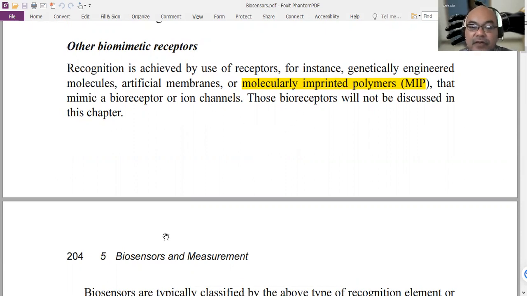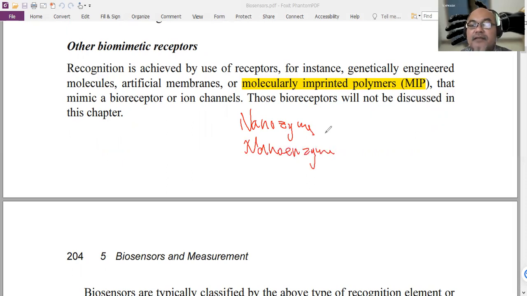So maybe you can Google nanozyme or nanoenzyme. This is made using that metal-organic framework, MOF, using inorganic material to function similarly to or mimic the work of an enzyme.